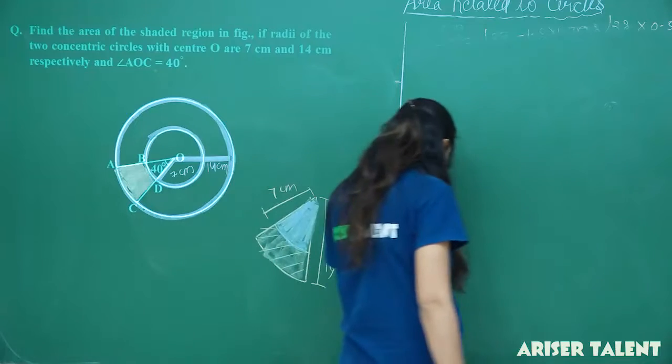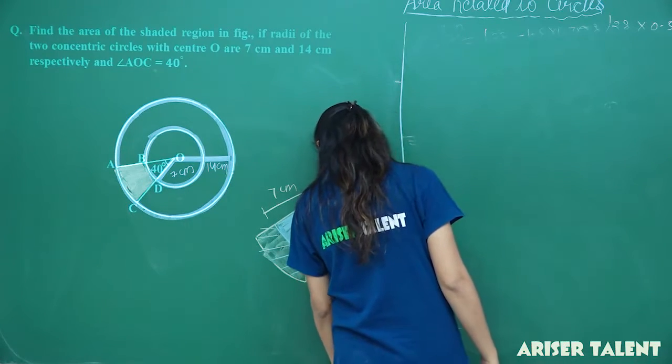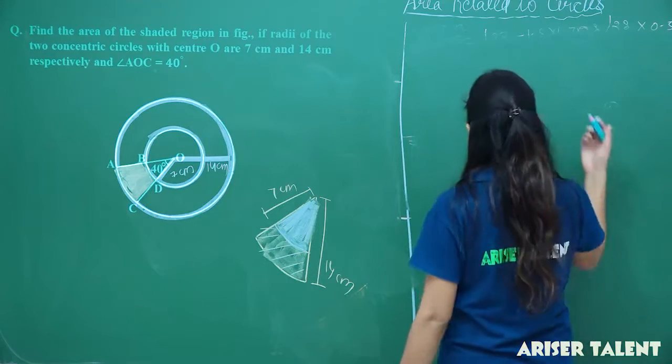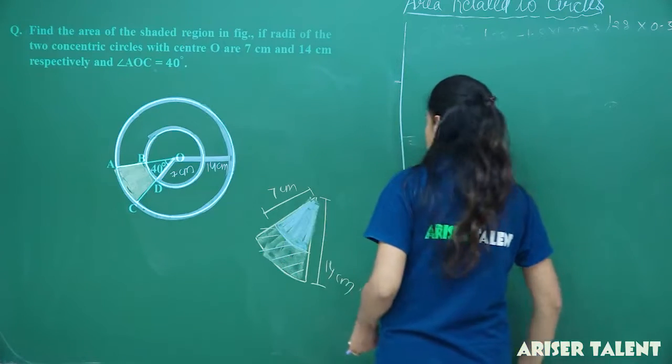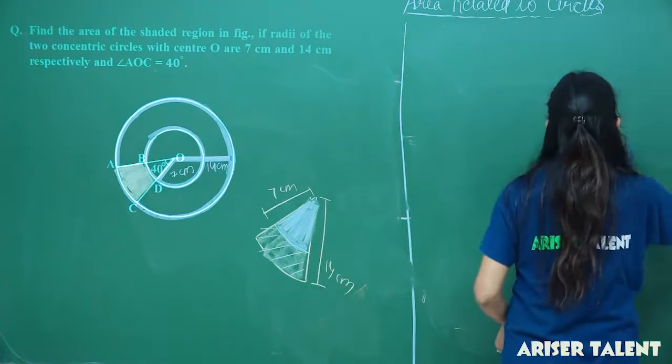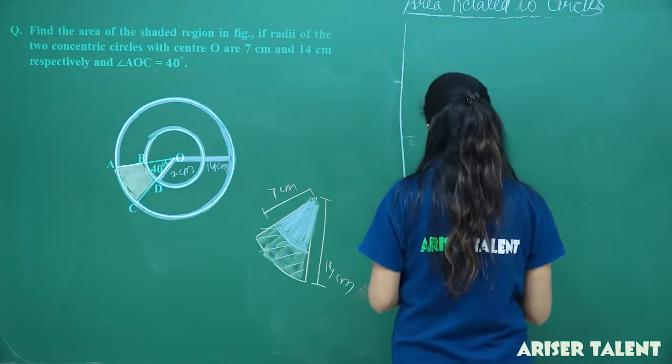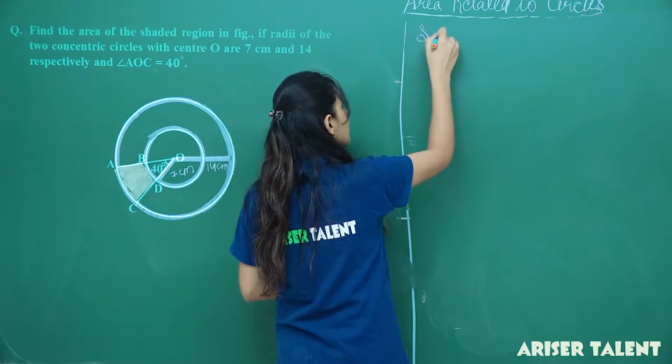Okay. Now the question arises, what is the area of a sector? We have studied that already in our theory part, and for your reference I will write the formula here.